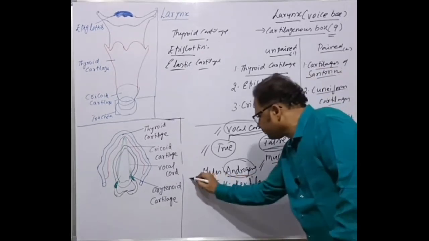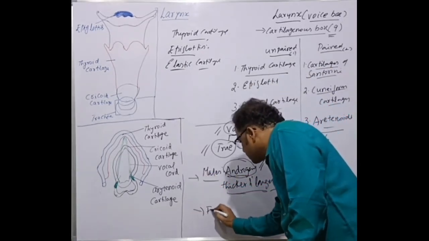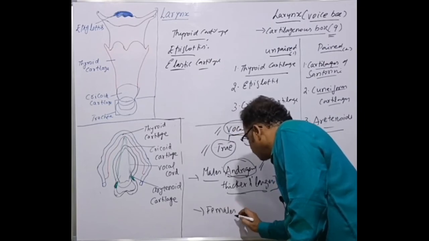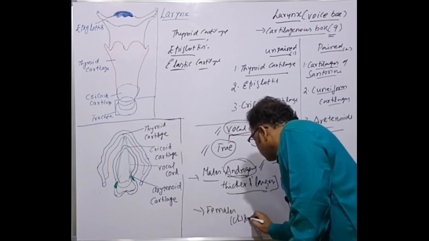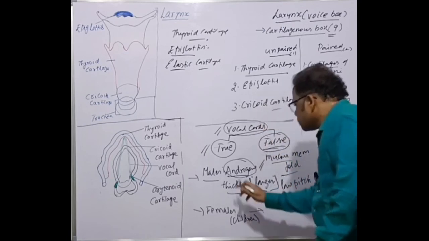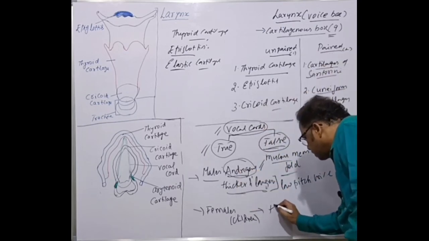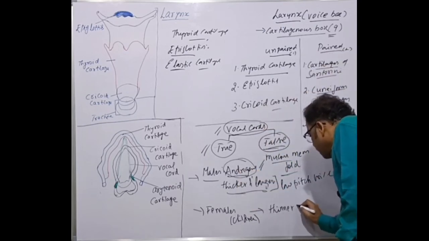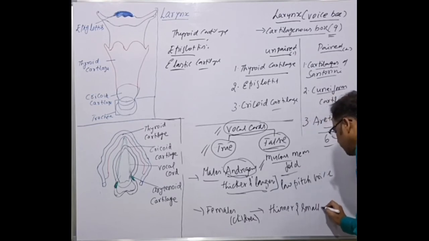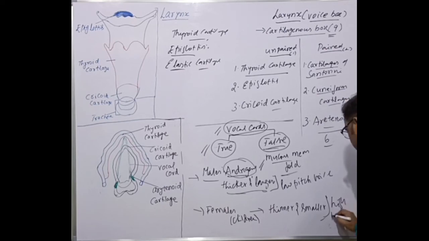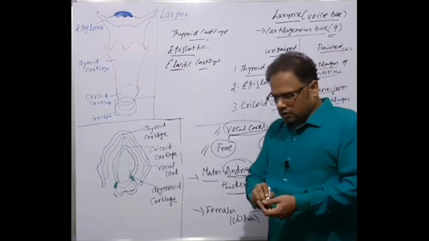That is number one. Whereas in the females, and of course children also, there is no such effect. That is why the vocal cords are thinner and smaller. That's why high pitch voice. Clear, students? That's the reason. Next point.